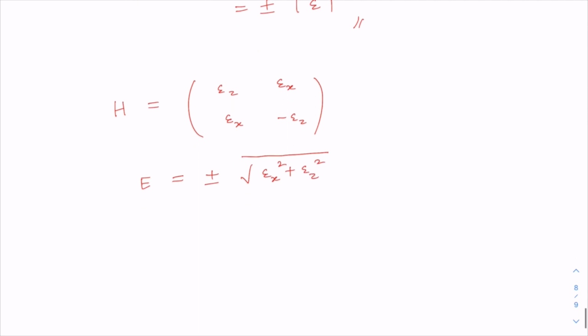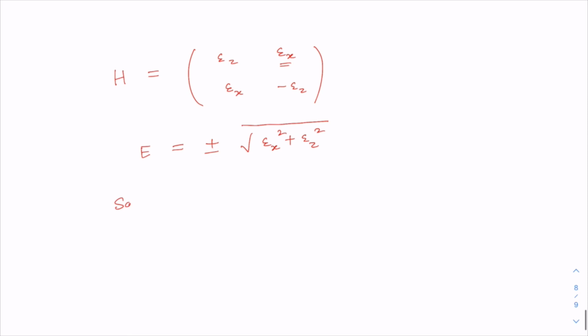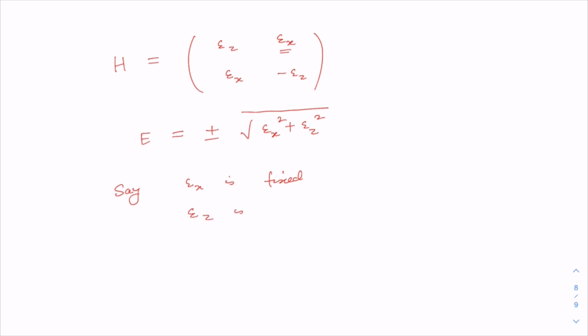Let us assume that the coupling field, the parameter epsilon x, is fixed, and the parameter epsilon z is controllable. We can control it or vary it, it's a variable parameter.